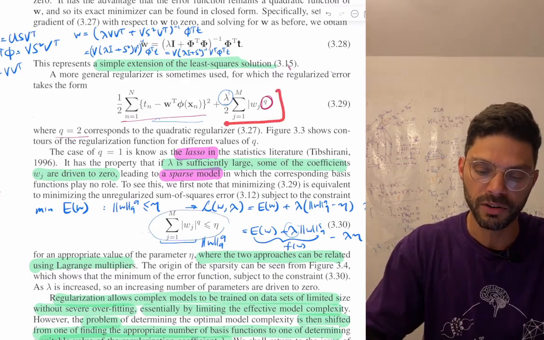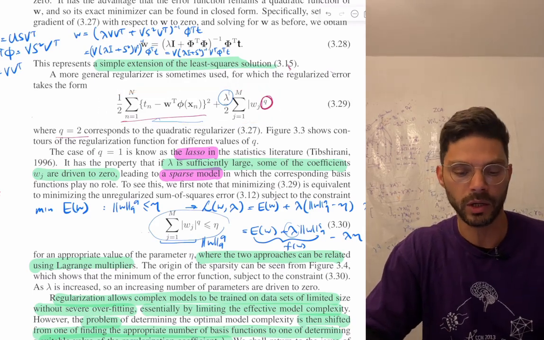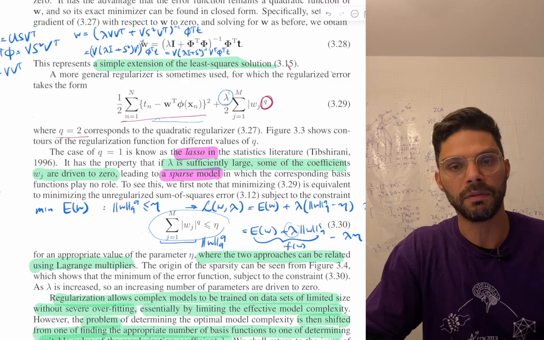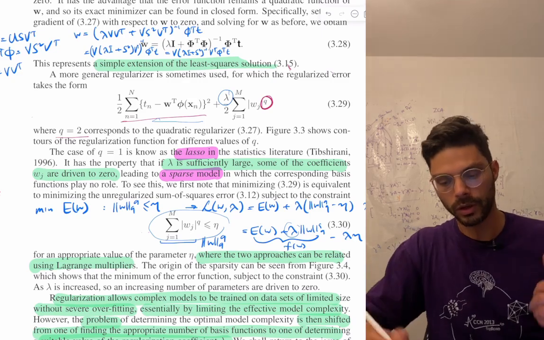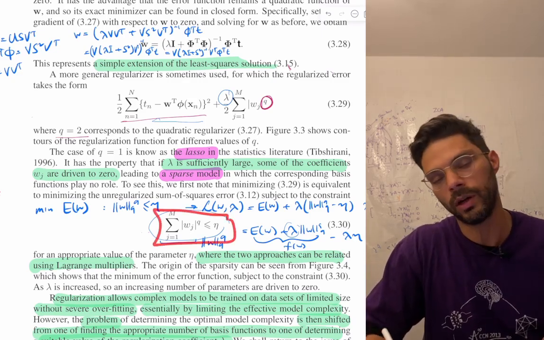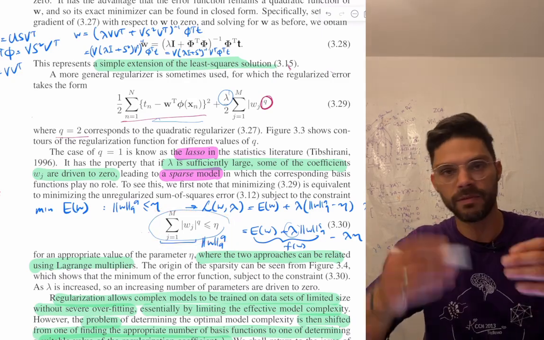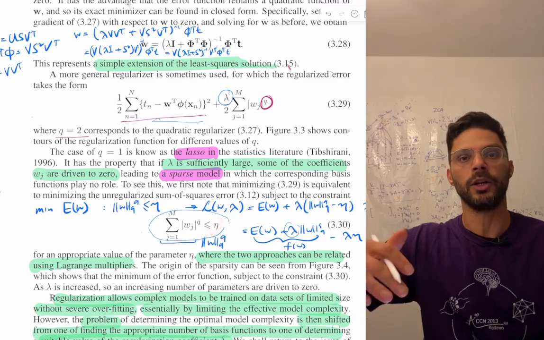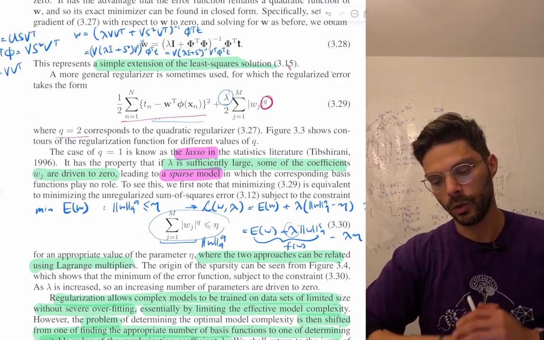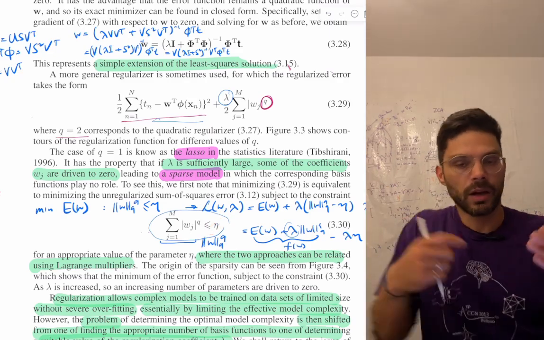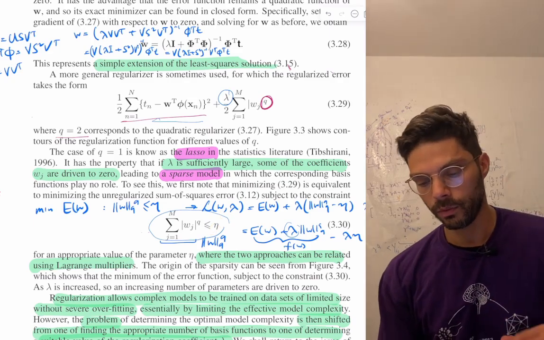So, this problem here doesn't seem to have any constraints on it, right? You have w, and there's some lambda floating around. But it turns out that the solution will correspond to a constraint problem for some value of this eta that you're trying to keep your weights below. So that's the connection. I hope you get what I'm trying to get at.